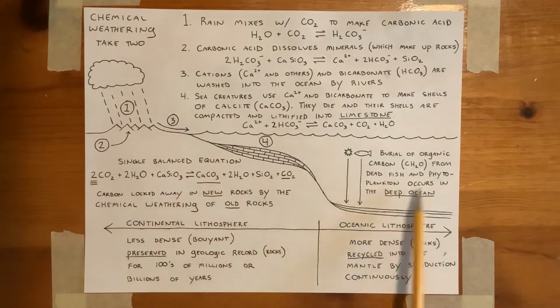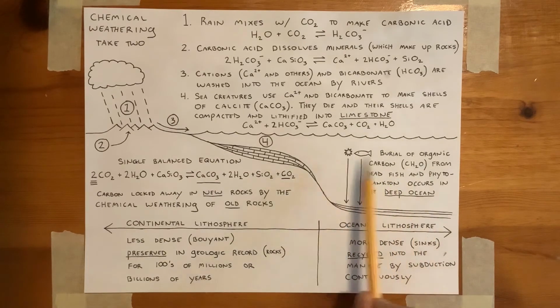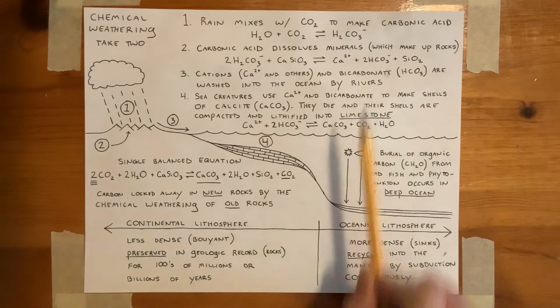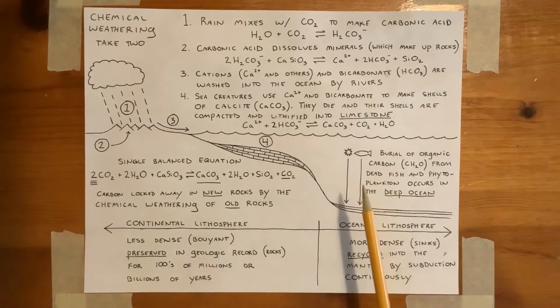But this process of burial of organic carbon takes carbon from the oceans and from the biosphere and buries it in the deep ocean lithosphere, where it's returned to the mantle and ultimately put back into the atmosphere at volcanic epicenters, right, at volcanoes. So that's the really important difference.